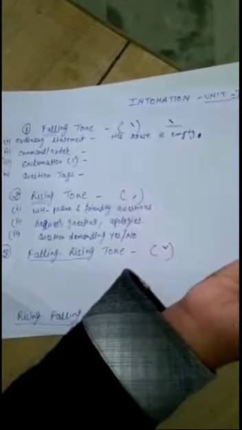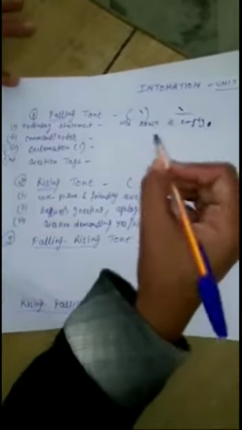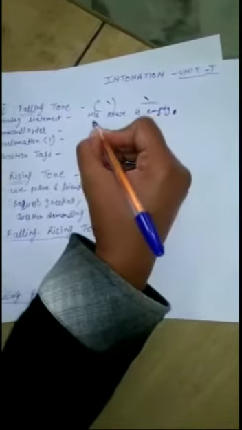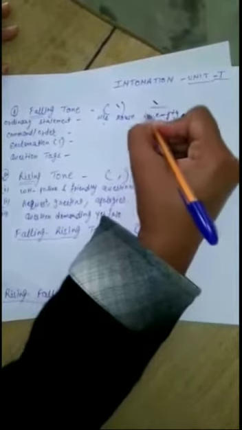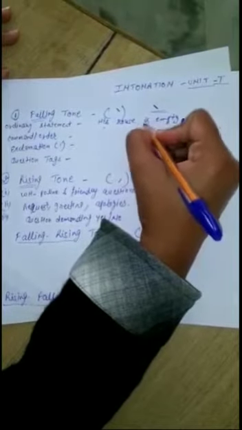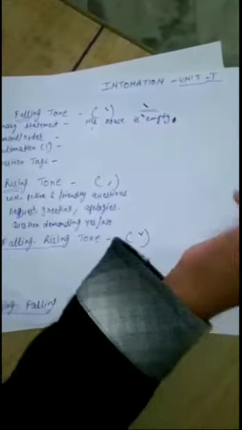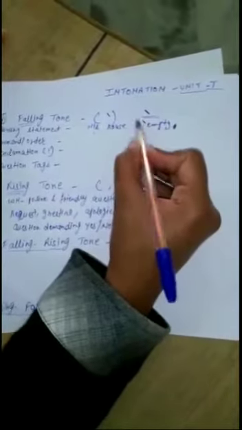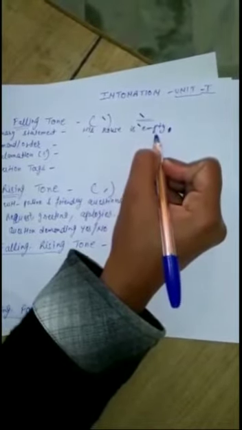So these simple statements, when you don't have anything to ask, contain a falling tone. So for example, in the exam you have got a sentence, his house is empty. So you have to put a falling tone here, and falling tone is always put above the sentence. Always remember that such signs are always put before the last word of a sentence.